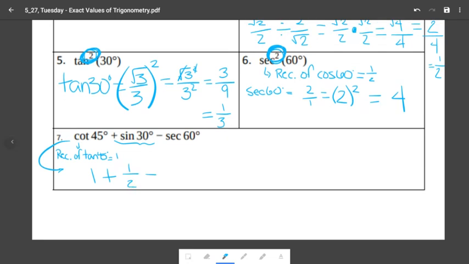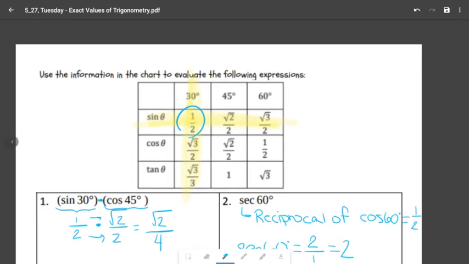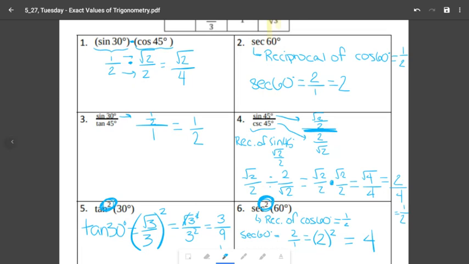minus secant 60, secant, remember, is the reciprocal of cosine. So cosine 60 is 1/2.